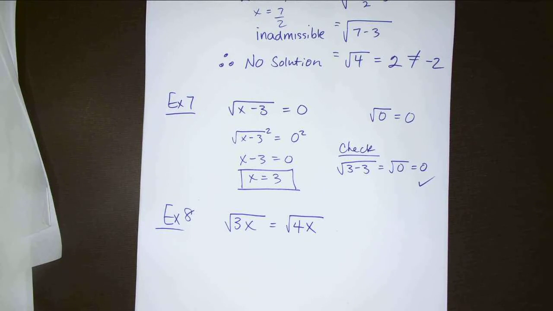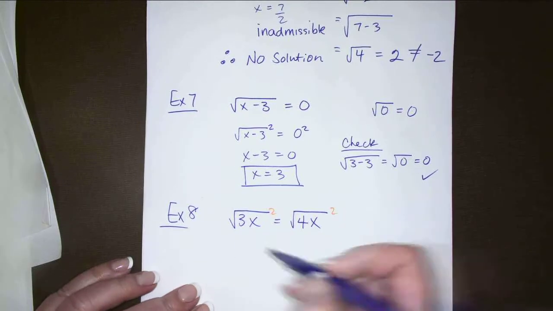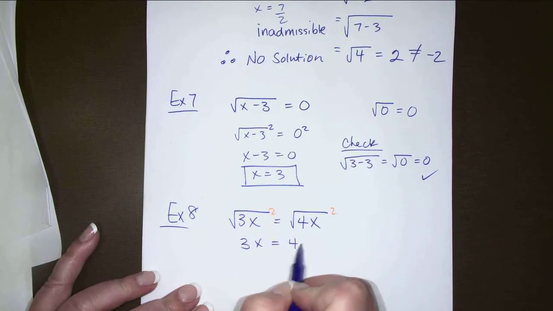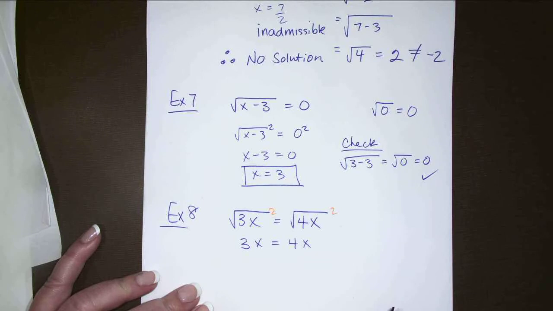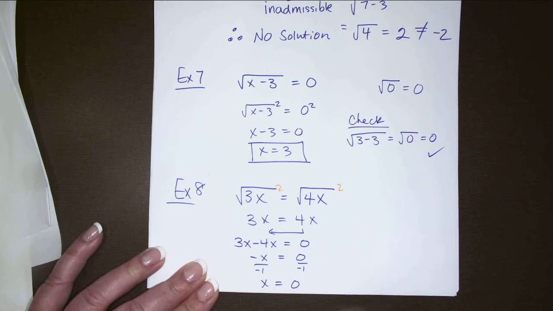Root 3x equals root 4x. Square both sides. 3x equals 4x. Is that okay? Yes. It is okay. Bring the 4 over. What would be left if you bring everything over? 0.